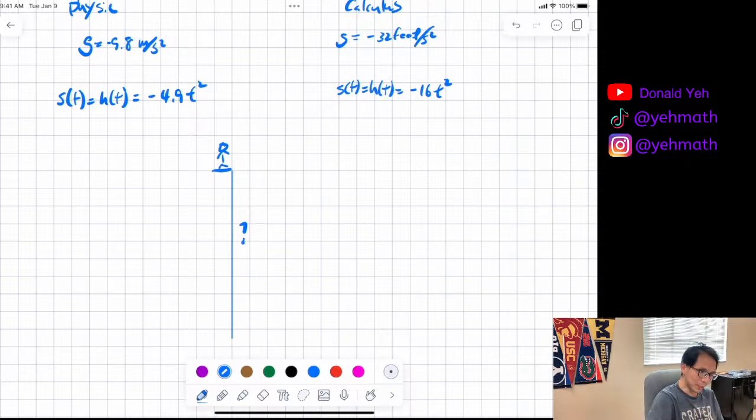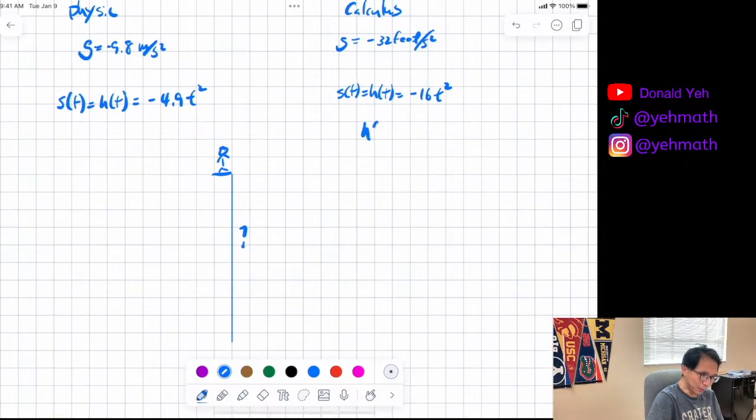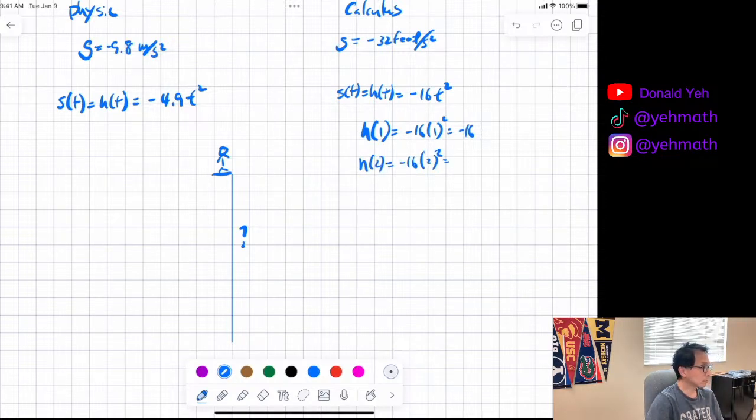Basically, using this formula, it tells you that in 1 second, it's going to drop 16 feet. That's not a lot, right? If I plug in 2, that's negative 16 times 2 squared, which is 64 feet. Oh, that's quite a bit.